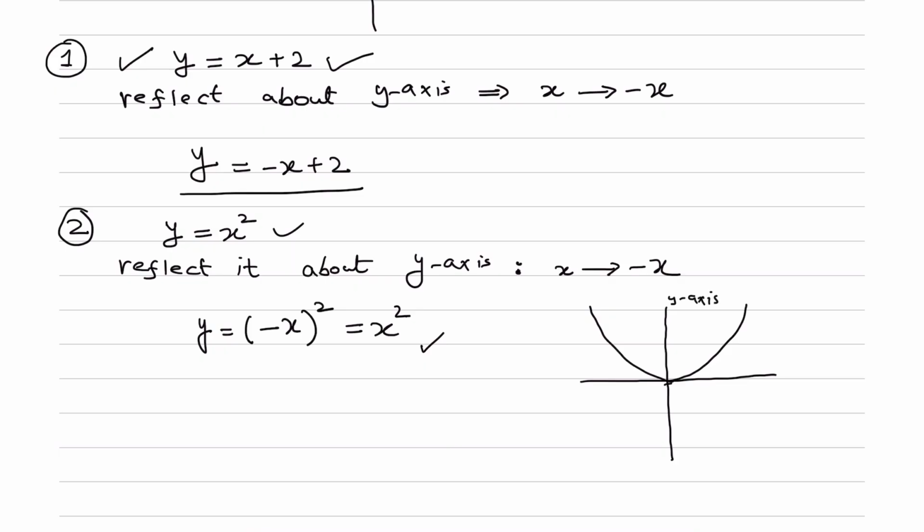You can see that the reflection of this part of the curve about y-axis is this one, and now we are going to reflect this part, and this part's reflection about y-axis is this part. So even if we reflect this graph about y-axis, we get the same shape. So that's why mathematically in this case we got the same graph back.